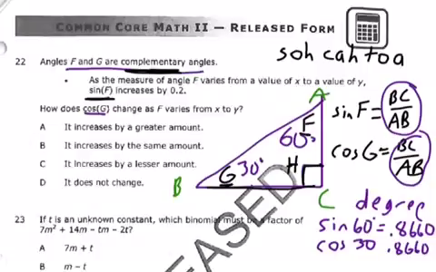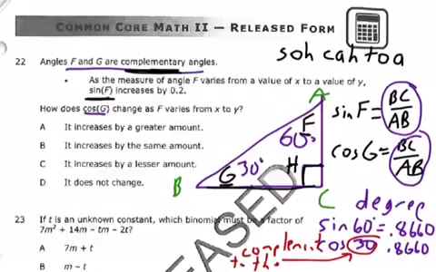So if we take the sine of an angle and then the cosine of the complement, that's what 30 is, the complement to the angle, they're going to have the same exact value, always. And you can try it with another relationship.